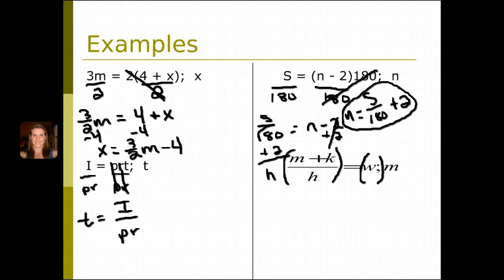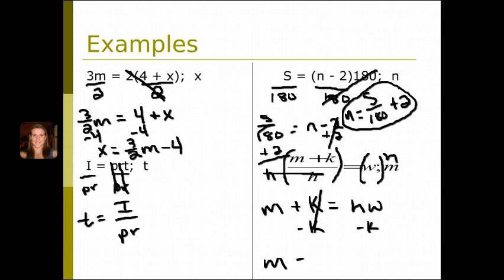I'm left with m plus k equals, ABC order, so it's HW instead of WH. And to get m all the way by itself, I subtract k from both sides. So my final answer is m equals HW minus k.